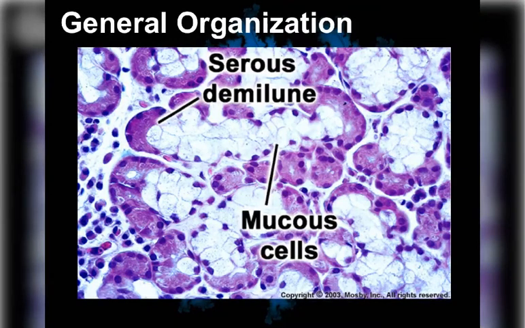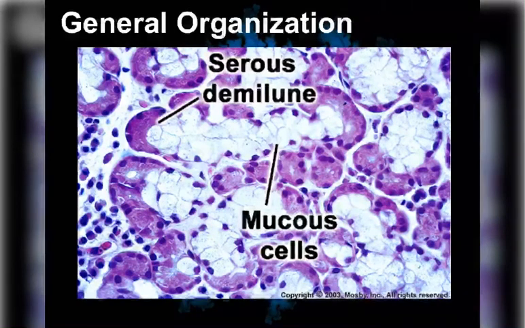It's really hard to find mucus tubules in mixed glands. Mixed salivary glands usually have serous demilunes at the end of the mucus tubules. So the secretory end pieces are also mixed, the majority of them.